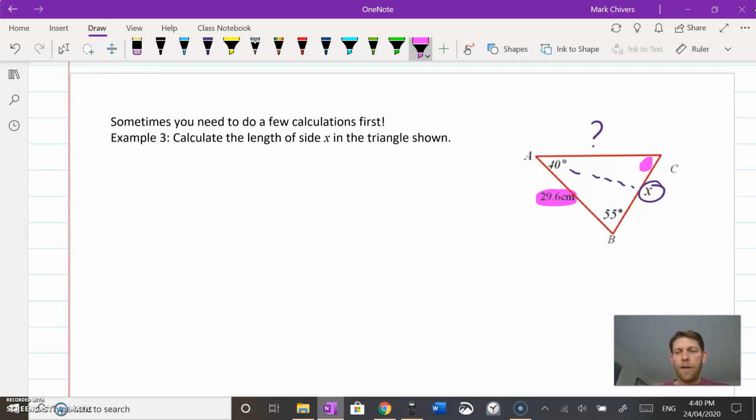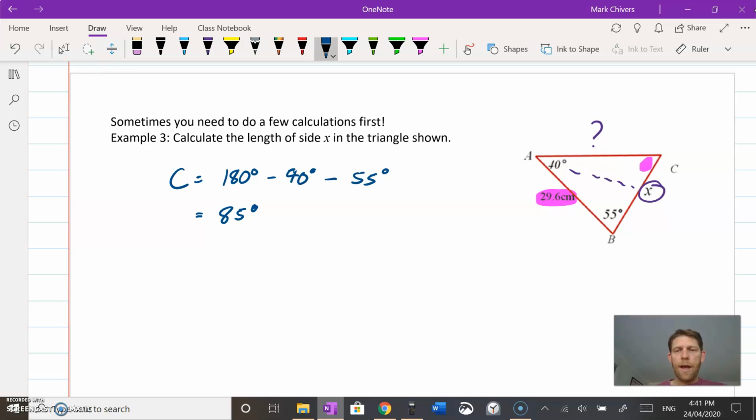Now, obviously, if we already know what 2 angles in a triangle are, we should be able to work out the third. So if there's 180 degrees in a triangle and we take away 40 degrees, which is one of the other angles, and we take away 55 degrees, which is the other one of the angles, that's going to give us, I think, 85 degrees. 40 and 50 is 90, 95, so yes, we're going to end up with 85 degrees.